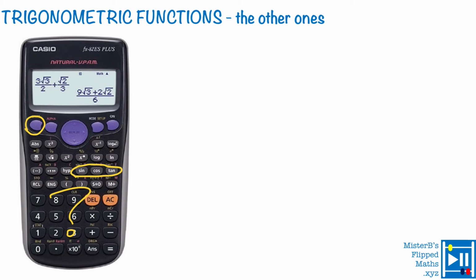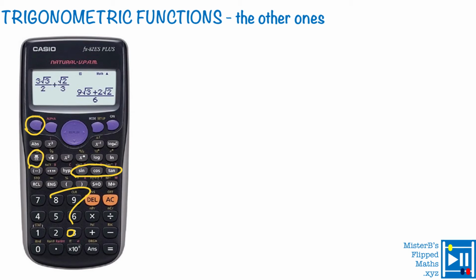So you have to remember the definitions and calculate accordingly, which means you're going to write down fractions. For secant, it's going to be 1 over cosine of the angle, and for cotangent, it's going to be cosine of the angle divided by the sine of the angle. So you have to use the fraction button here.